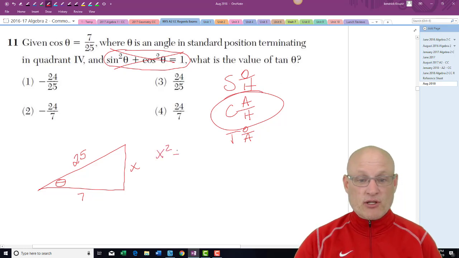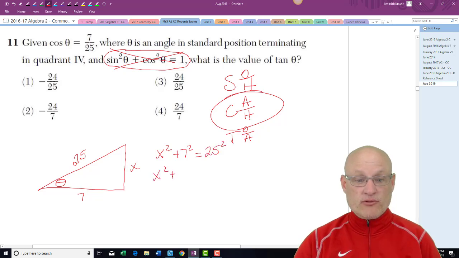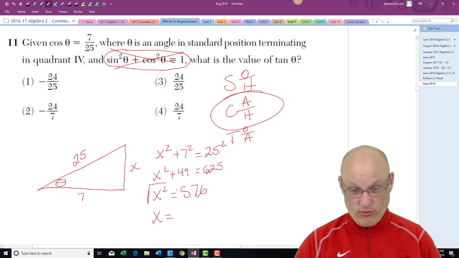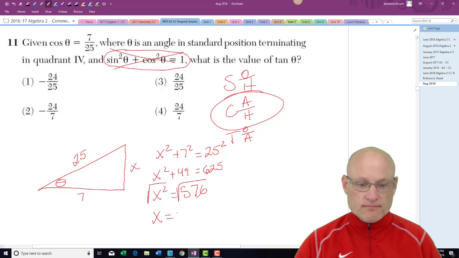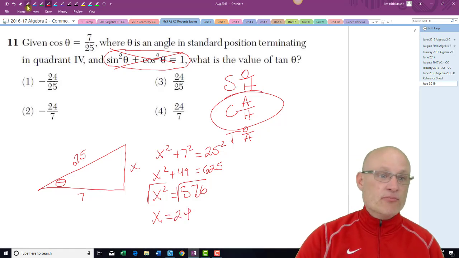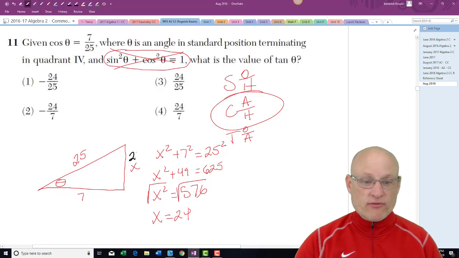X squared plus 7 squared equals 25 squared. X squared plus 49 equals 625. X squared equals 576. And then x equals, taking the square root of both sides, 24. That means this missing side is 24.